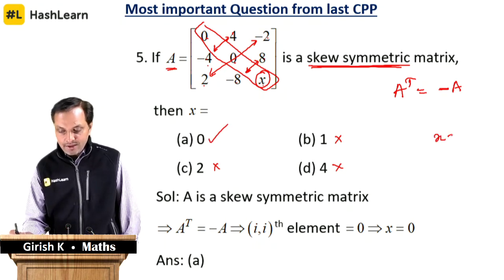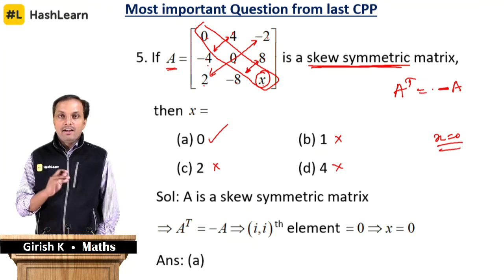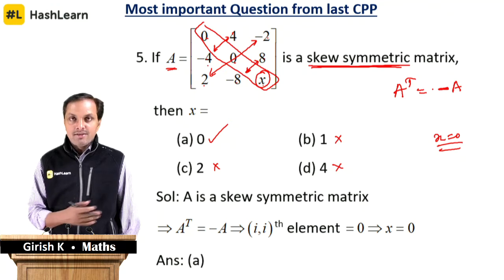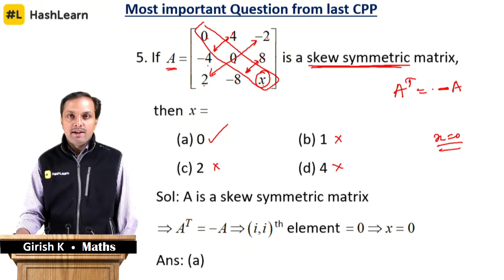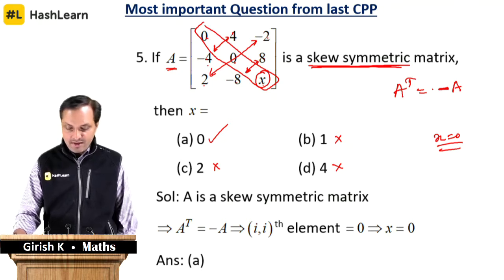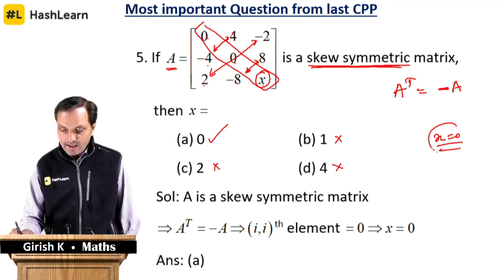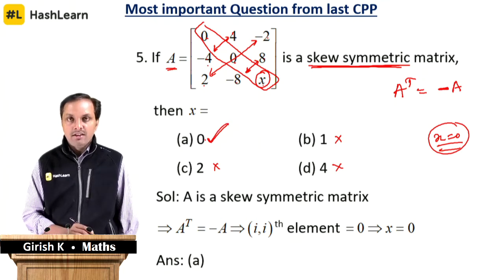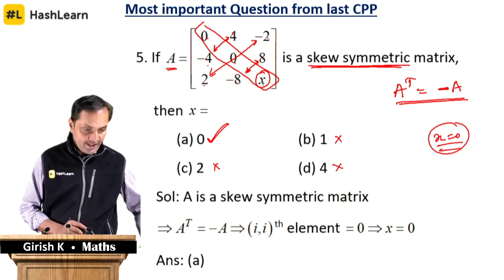So when X is 0, what happens when you change the sign? When A becomes minus A, 0 into the minus sign does not change its value, while plus 1 becomes minus 1, plus 2 becomes minus 2, plus 4 becomes minus 4. So it will remain 0. So X is equal to 0 is the only option which will satisfy this condition.